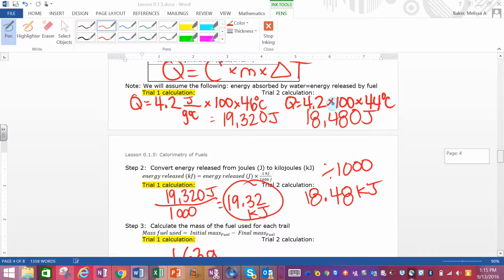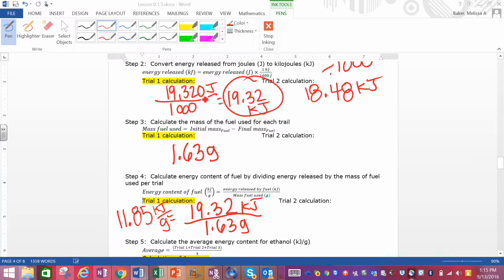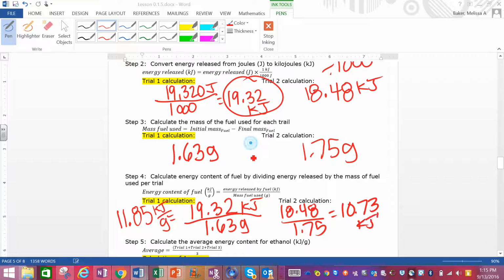Okay, then trial 2, I burned off 1.75 grams of fuel. And so I'm going to do 18.48 kilojoules divided by 1.75. Answer, 10.73 kilojoules per gram were released in trial 2.